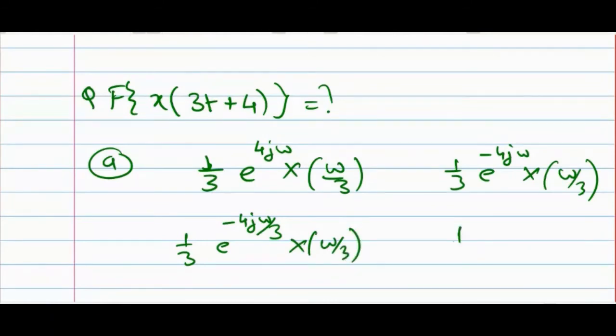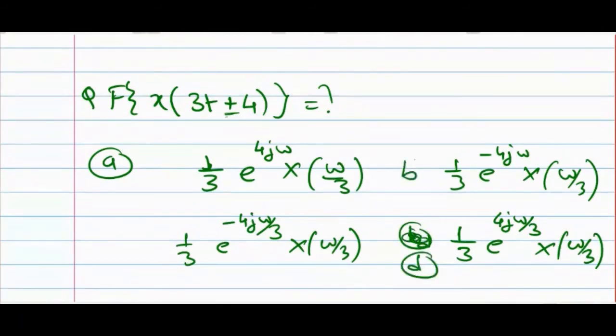And last option, 1 by 3 e raised to power 4j omega by 3 x of omega by 3. तो शिफ्ट में पॉजिटिव साइन है तो आंसर में भी पॉजिटिव साइन आएगा एक्सपोनेंशियल को. So we are left with option A and option D. और पहले शिफ्ट हो गया, उसके बाद में 3 से स्केल होगा, तो ओमेगा की जगह पे ओमेगा बाय 3 आएगा. So correct answer for this question is option D.